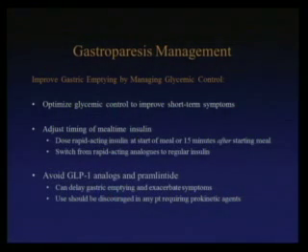Based on the experimental models that we looked at a few slides ago, hyperglycemia delays gastric emptying in patients with diabetes as well as in healthy patients. And management of the gastroparesis really should include optimization of glycemic control and improve short-term symptoms. So for patients on mealtime insulin, their timing of the mealtime bolus may have to be adjusted.